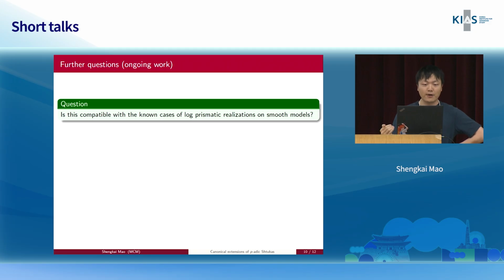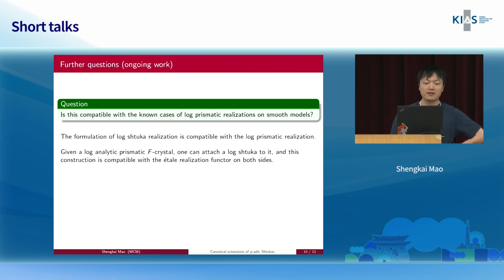So a very natural question is to ask if this is compatible with known cases for log prismatic theory on smooth models at hyperspecial level. So whether this theory is compatible with Koshikawa-Yao's theory, and the answer is yes. Given the log analytic prismatic F-crystal, you can attach a log Shtuka to that, and it is compatible with the étale realization.